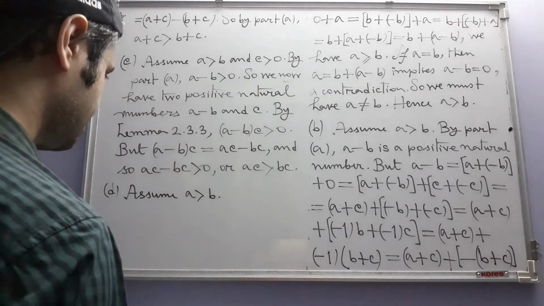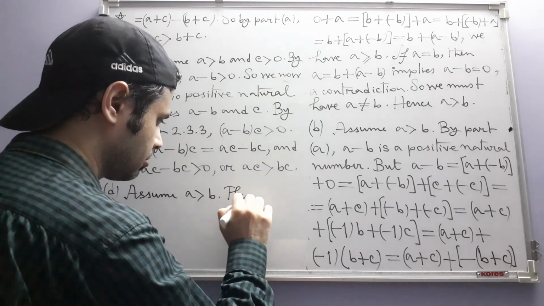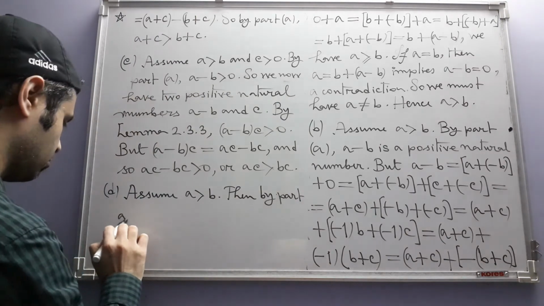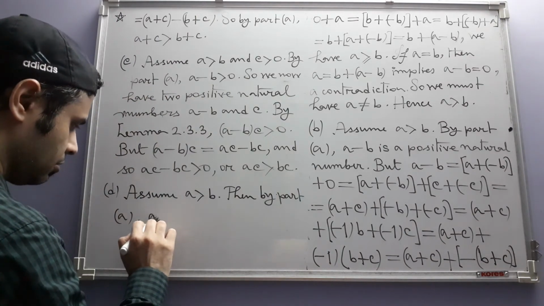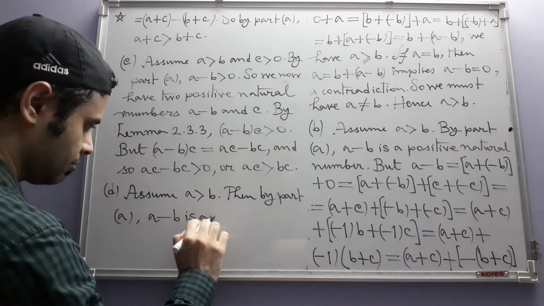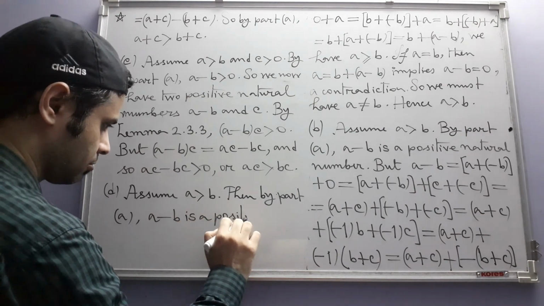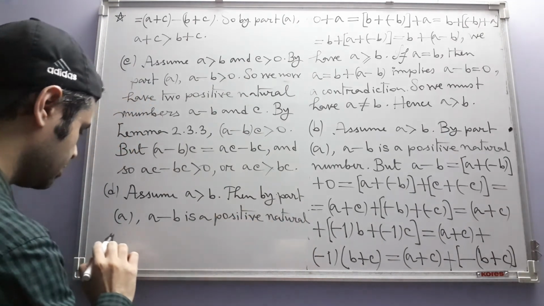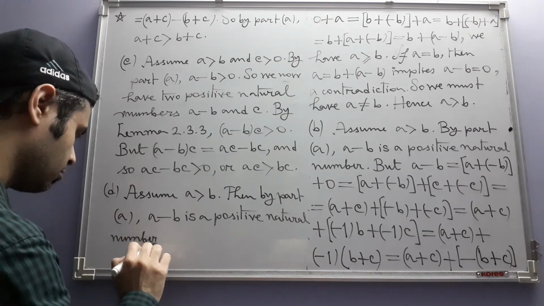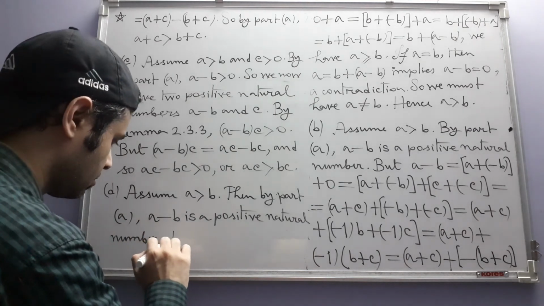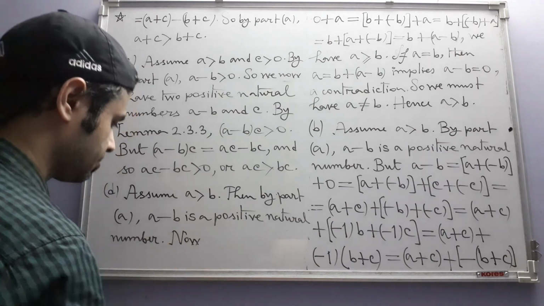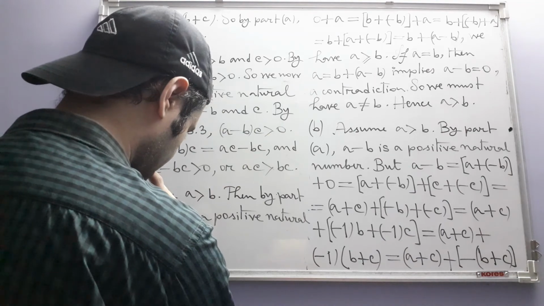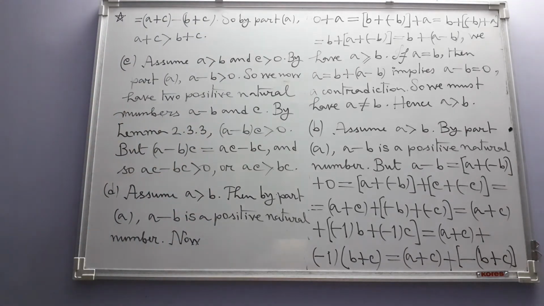Then by part A, a minus b is a positive natural number.